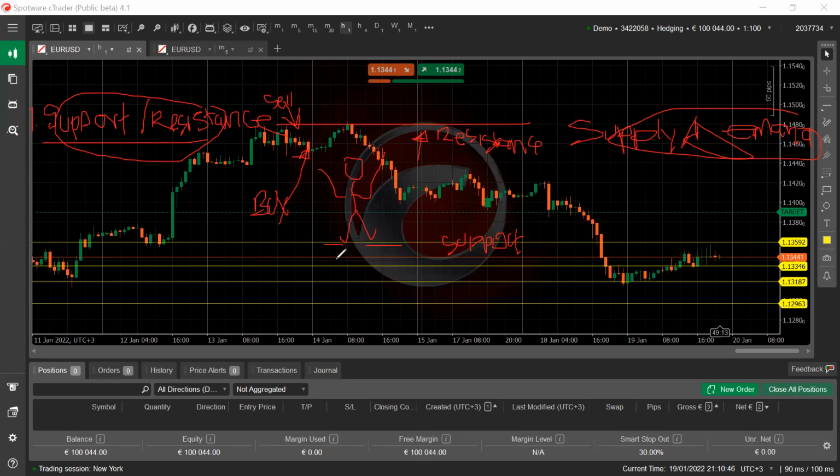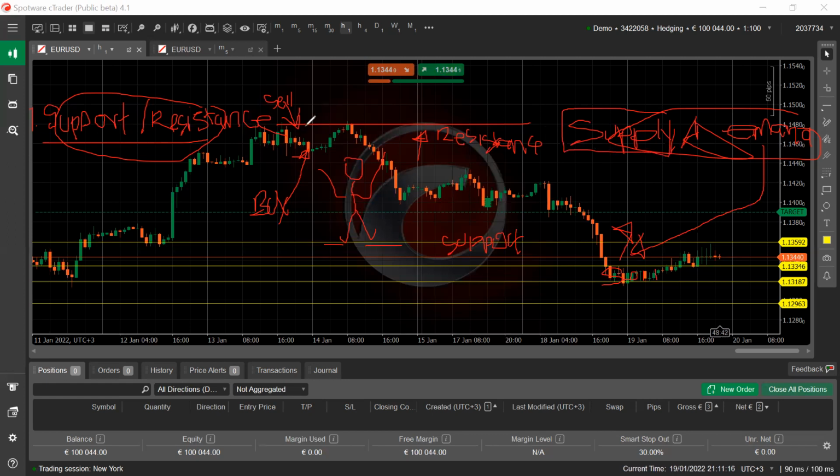Similarly, down here, it's the same thing. It's called support, but in this case the buyers are more than the sellers down there. That is where the whole idea of demand comes in. So below we call it demand, and above we call it supply.